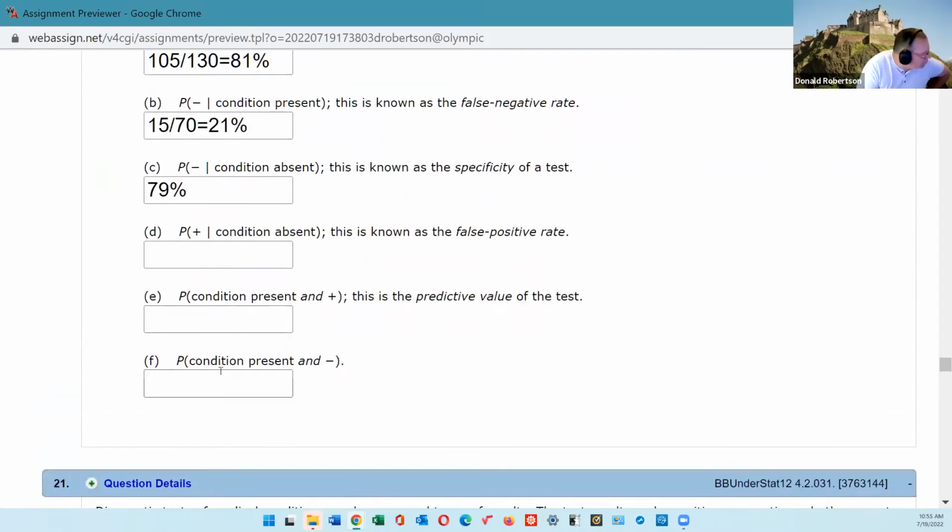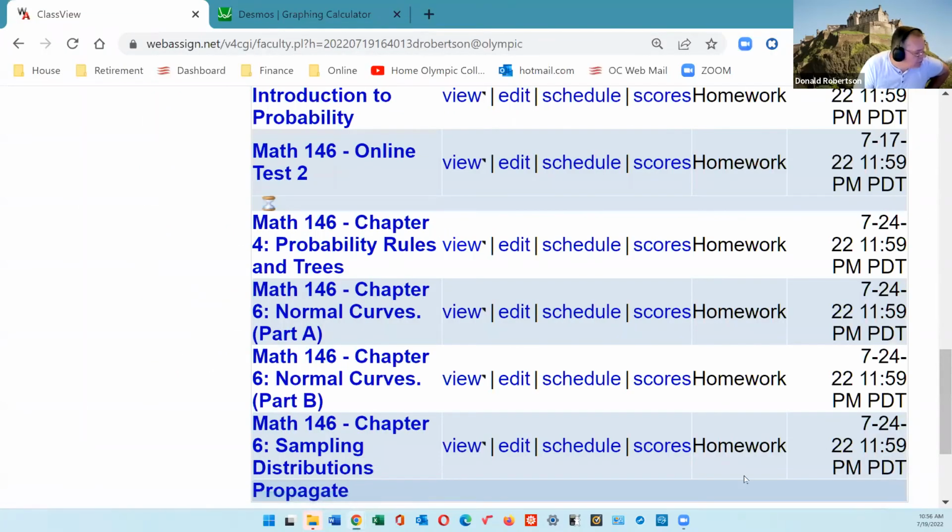Now, if you wanted to do a probability, so I'm talking about question F here, that the condition is present and it's a negative on the result, I'm going to have to use a formula for that one.